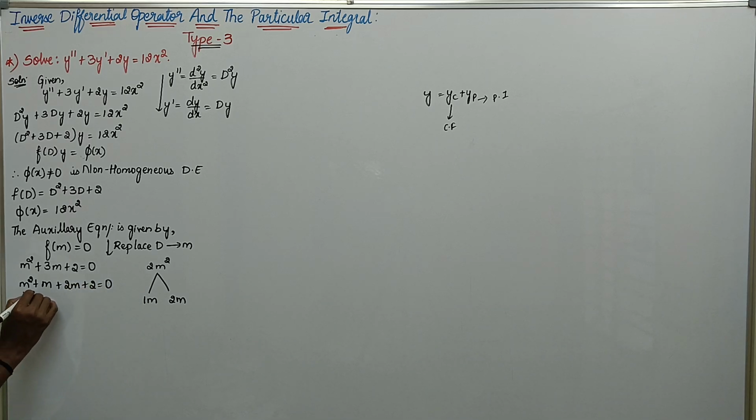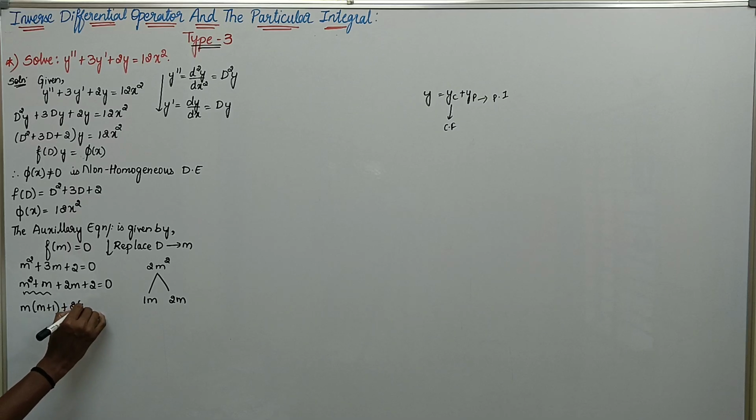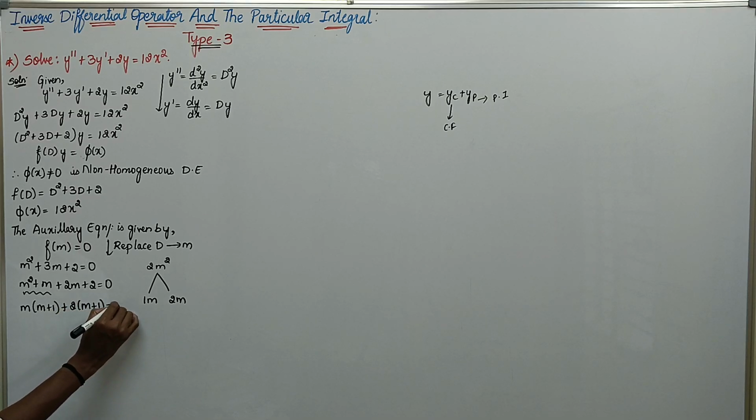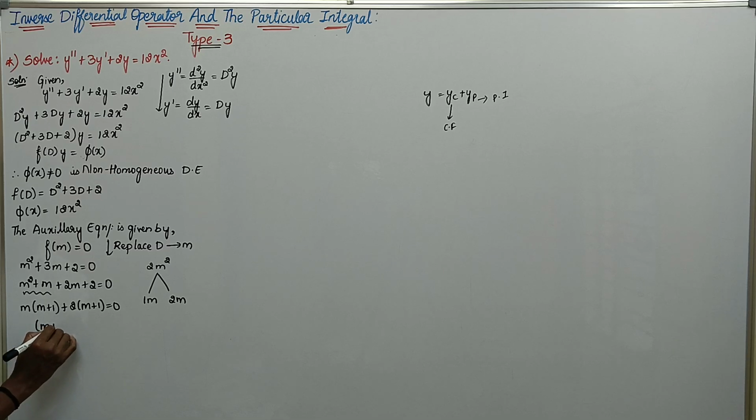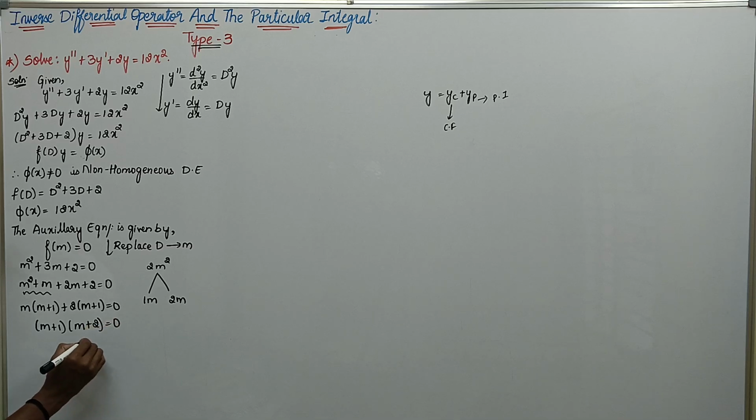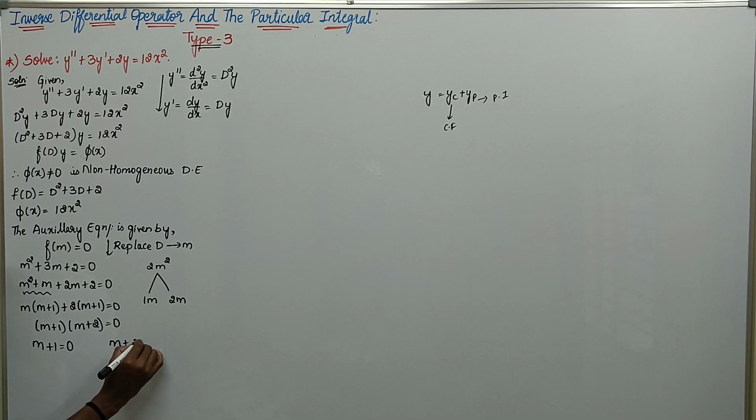Then taking m common, we get m into m plus 1 plus 2 into m plus 1 equal to 0. Therefore, the factors are m plus 1 into m plus 2 equal to 0. So m plus 1 equal to 0 and m plus 2 equal to 0, giving m equal to minus 1 as our first root and m equal to minus 2 as our second root.